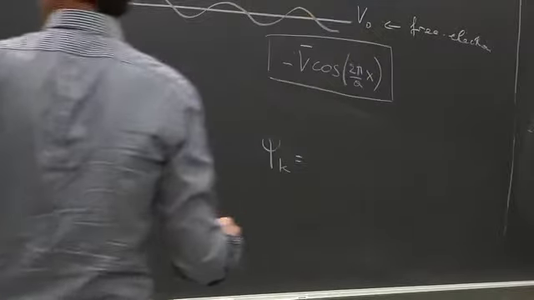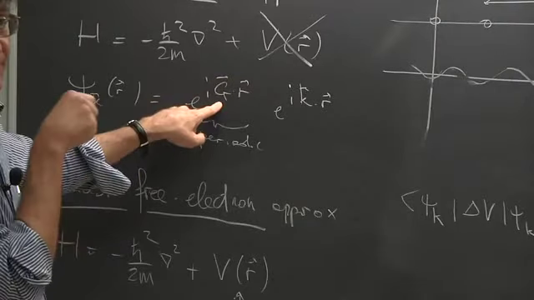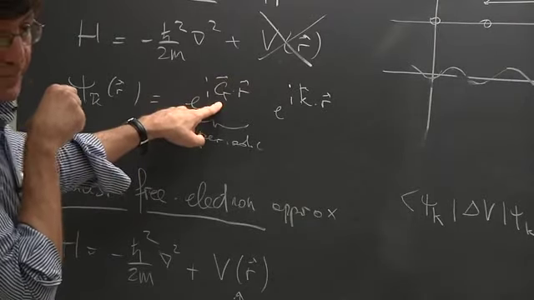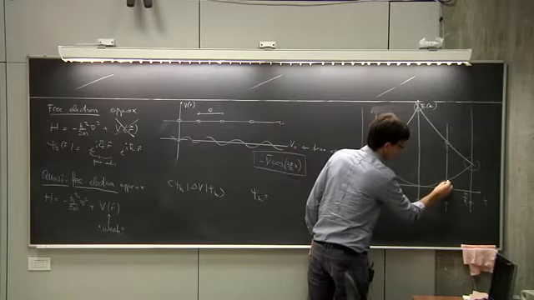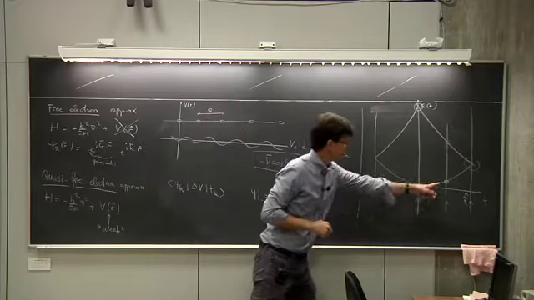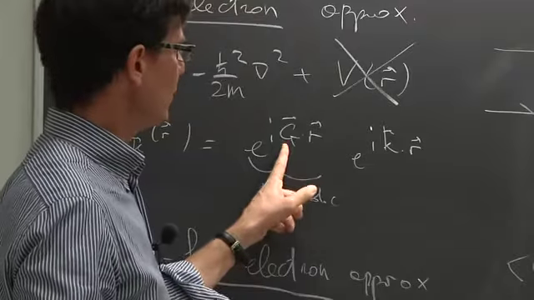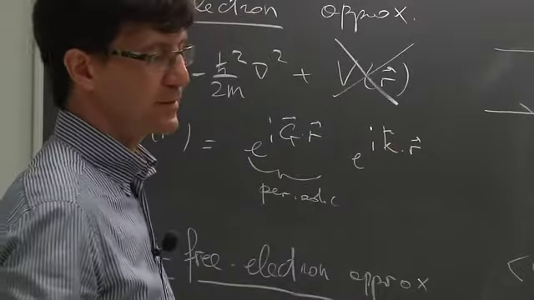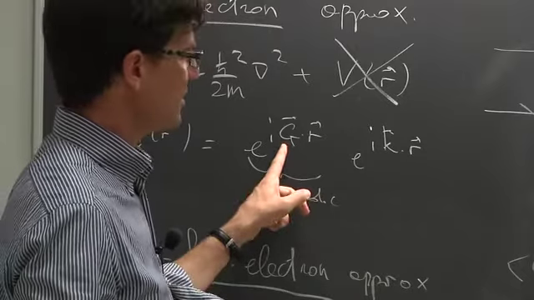The g corresponding to that particular state is, what is the g vector corresponding to this state here? We know that this state can be expressed in this way. What is the g corresponding to that particular state? The reciprocal lattice vector.